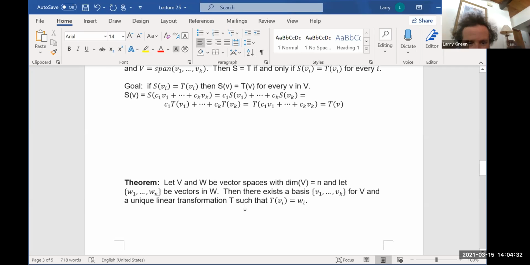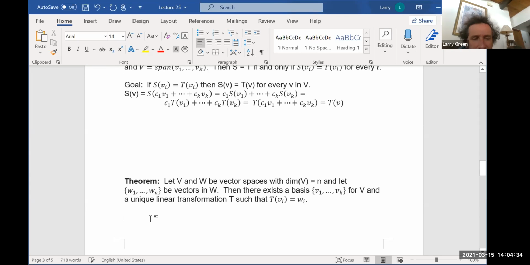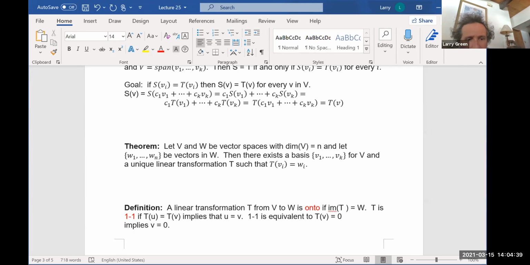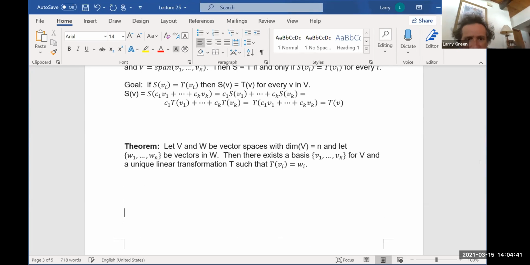All right, next theorem says, let's suppose that V and W are vector spaces, and the dimension of V is n. And let's suppose that W1 through Wn are vectors in W. Then there exists a basis V1 through Vk of V and a unique linear transformation T such that T of Vi equals Wi.